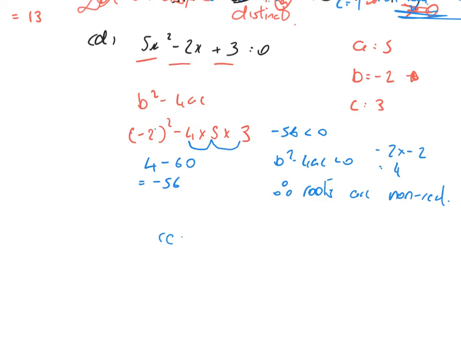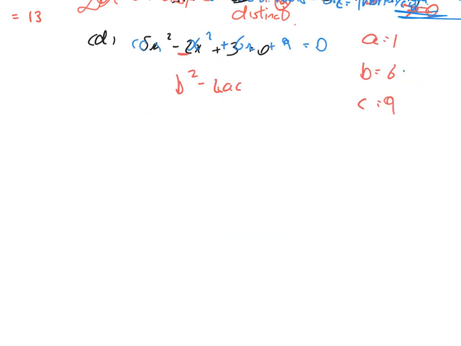Okay, example E. X squared plus 6x plus 9 equals 0. Okay, what's A? Well, what number's there? Even though you can't see it, it's definitely 1. B is 6, C is 9, B squared minus 4AC.